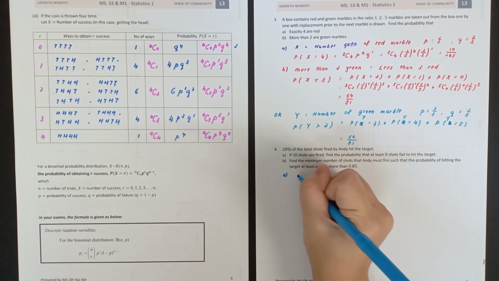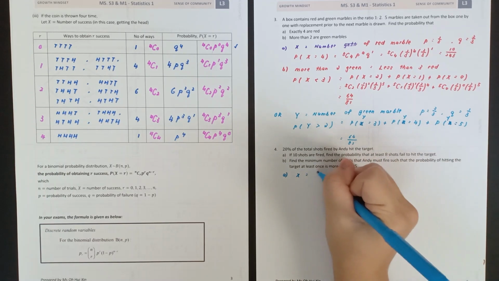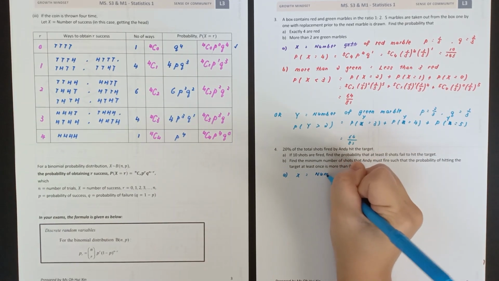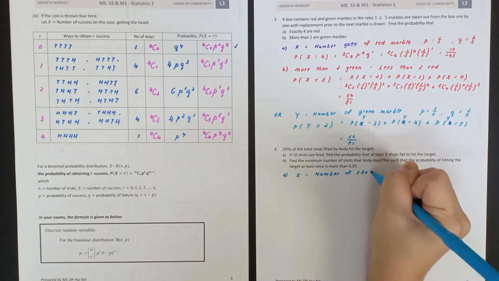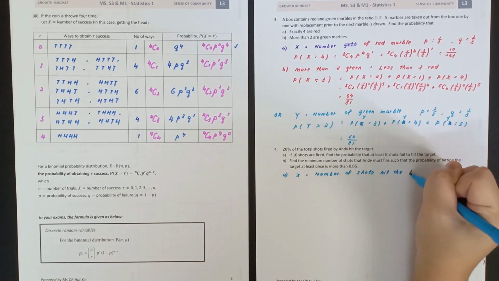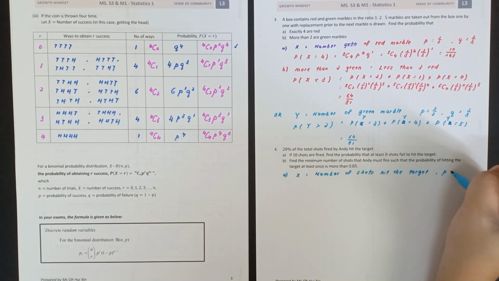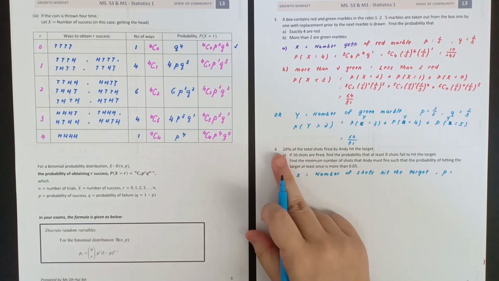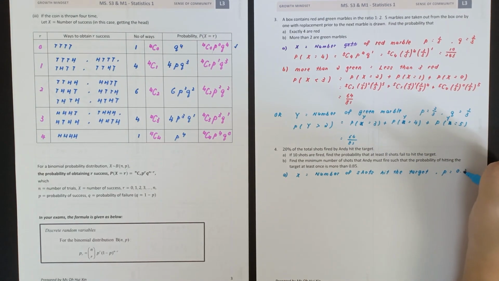So x will be equal to the number of shots that hit the target. If x is the number of shots that hit the target, then what is the probability of my success? 20% hit the target, right? So my P is 0.2. What is my Q? My Q will be 1 minus 0.2, which is 0.8.